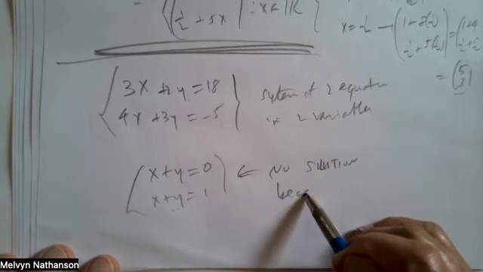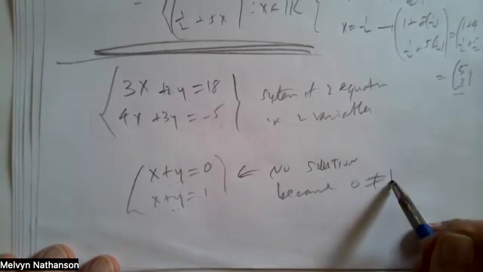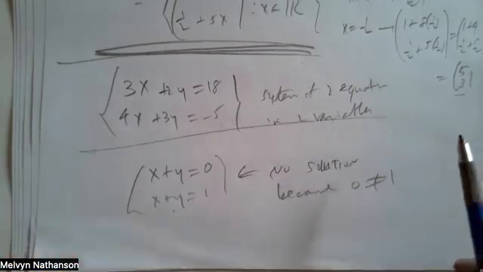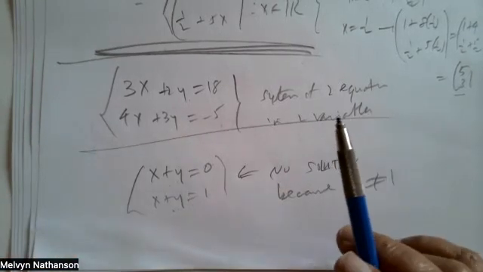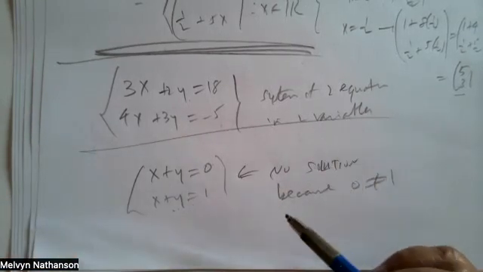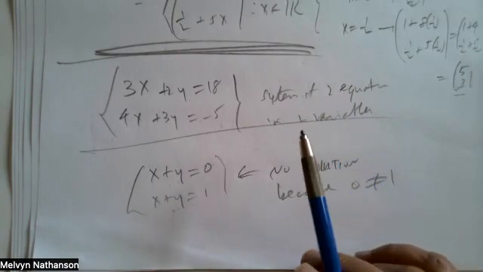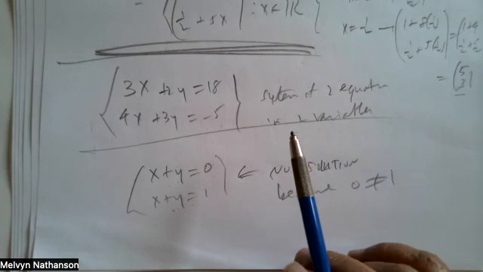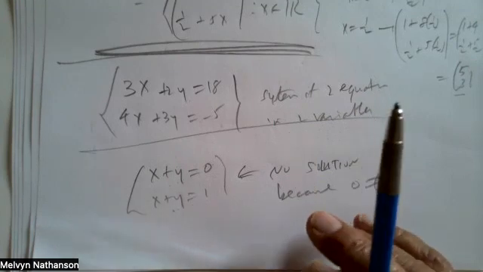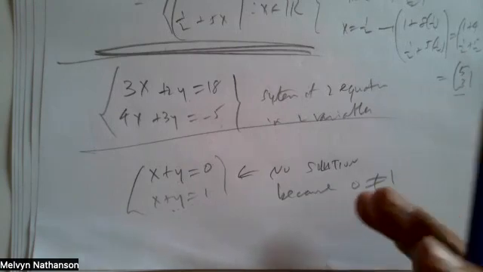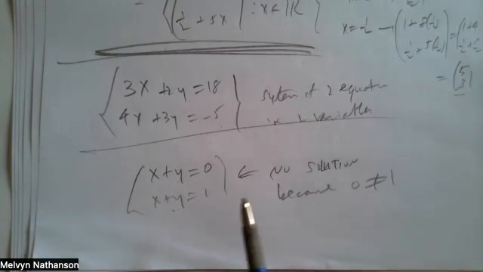There's no solution because 0 is not equal to 1. So a system of equations does not necessarily have a solution. When you're given a problem to find all solutions of a system of equations, one possible answer is the empty set. There is no solution. That's just the way it is.